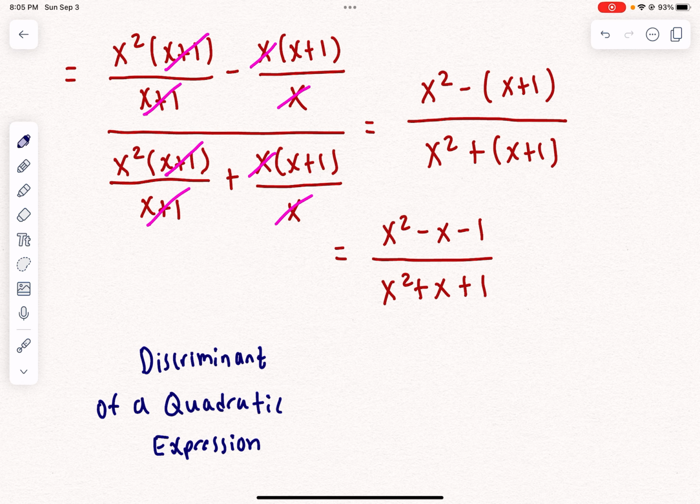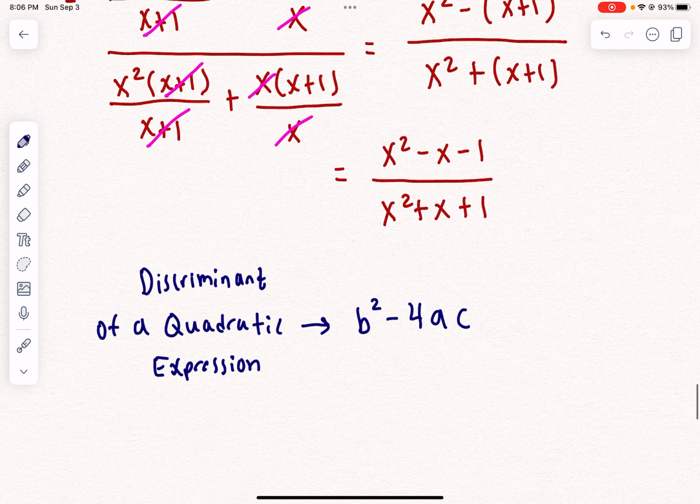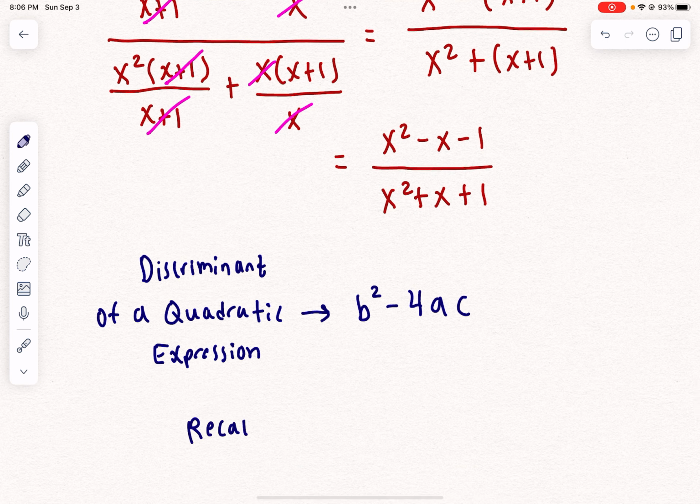The way we find the discriminant is by using b squared minus 4ac. This b is going to be this coefficient, a is going to be the coefficient in front of x squared, and c is going to be your constant. Just recall, we have ax squared plus bx plus c.